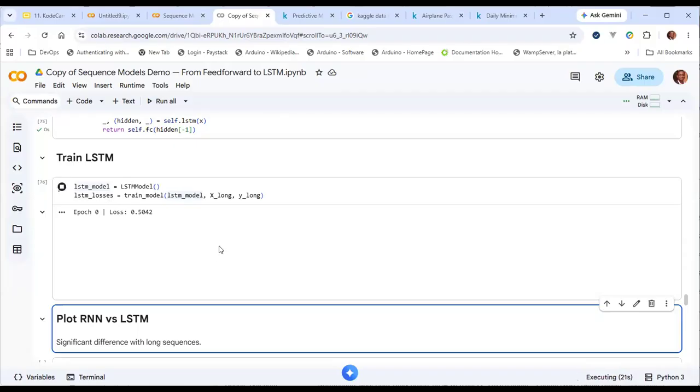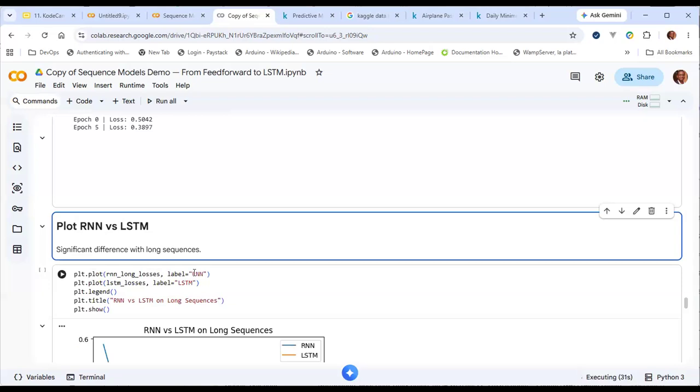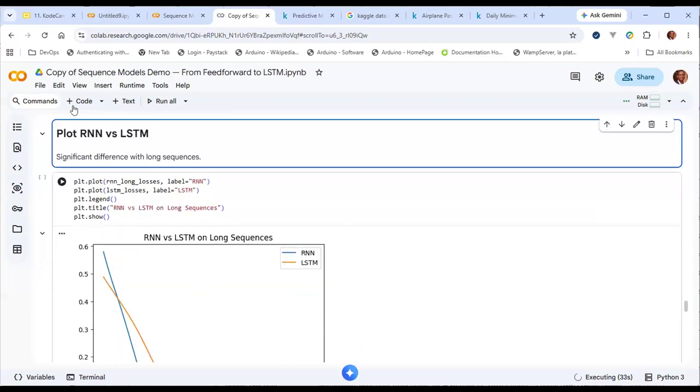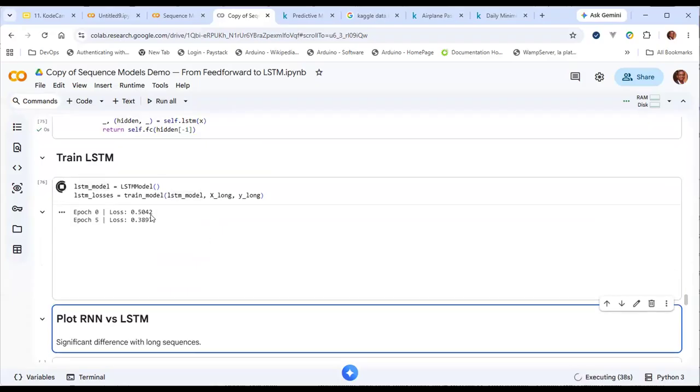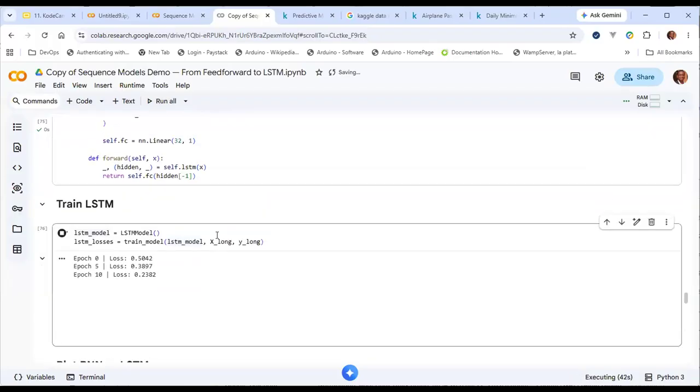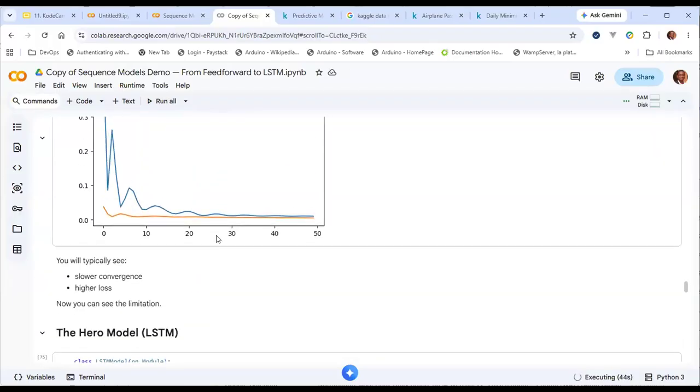So this is one of the challenges with the LSTM. It takes much longer, but it converges faster.